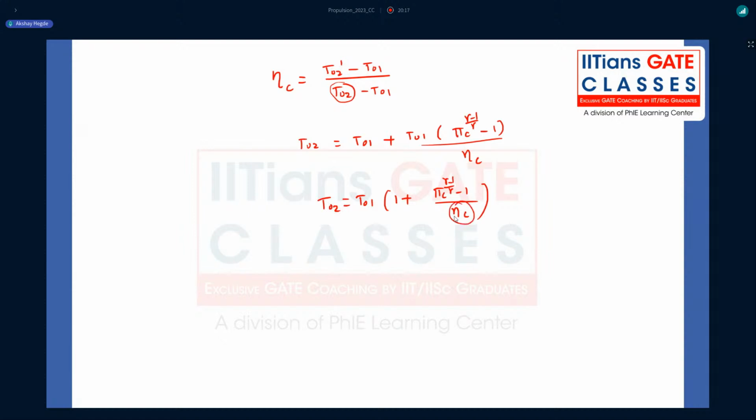Can anybody quickly say? If I increase the efficiency, what happens to T02? Decreases, right? So the question is clear now. If I want to add less fuel, what do I have to do? I have to increase the T02. If I want to increase the T02, what do I have to do here?